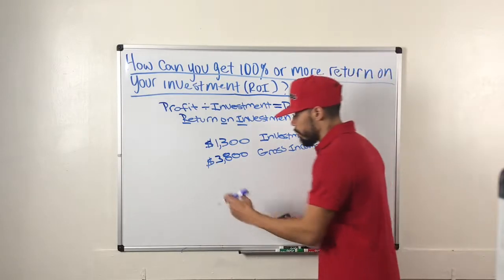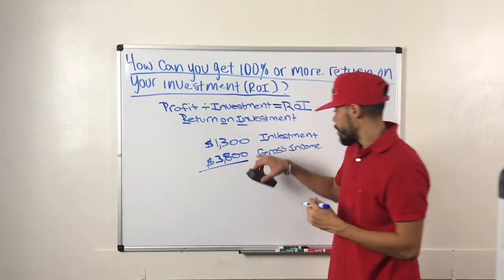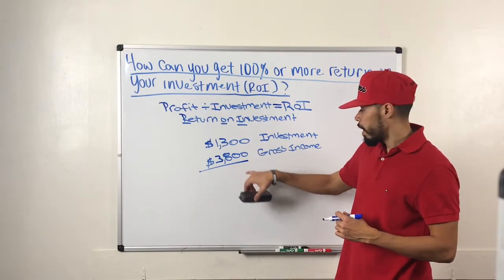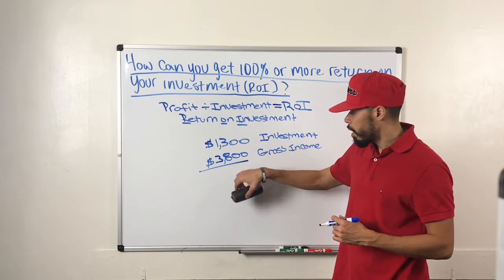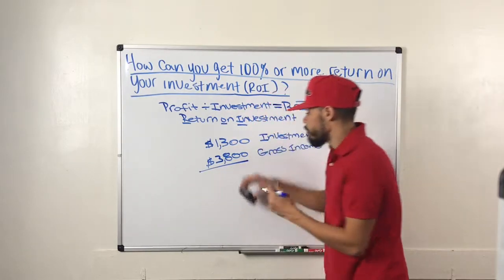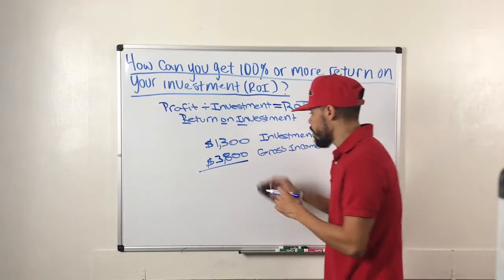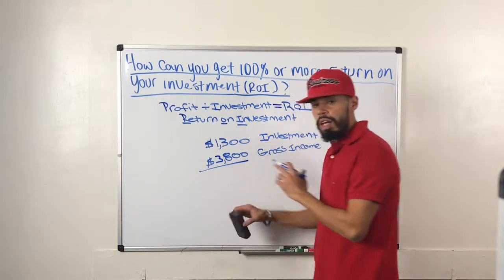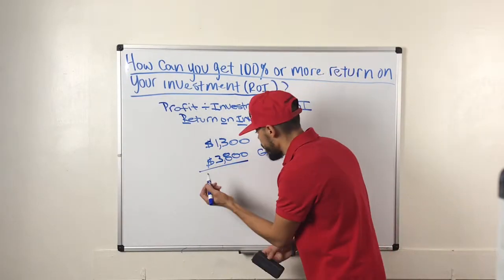Now, we know this is the expenses, and we know this is the gross income. So we subtract it. I should have flipped these numbers around, but I'm going to do it anyway. You're supposed to flip the numbers around, but you know.